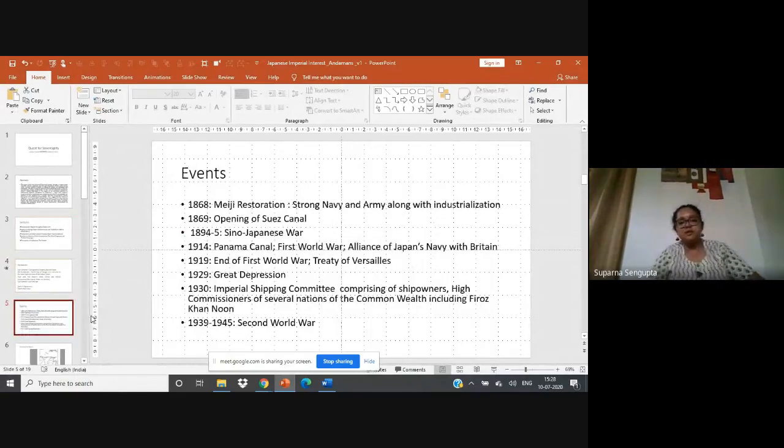in the Japanese era. So, with the Meiji Restoration, there was a construction of a strong navy, and post Meiji Restoration, there were also world events like the opening of the Suez Canal in 1869, and then there was the Sino-Japanese War, which erupted the tensions between Japan and China.